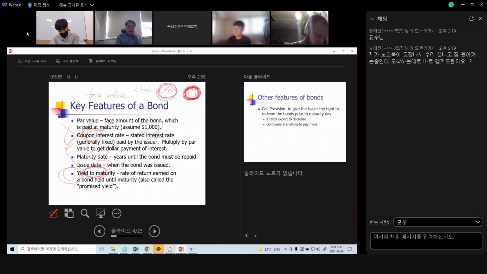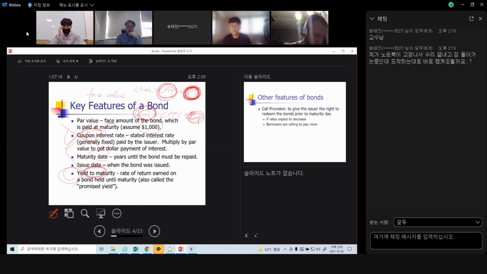Same as stock, bond also has capital gain yield plus, not dividend yield, this is the coupon. This is the coupon interest rate, coupon. So coupon is one of the returns, right? Some part of the return.